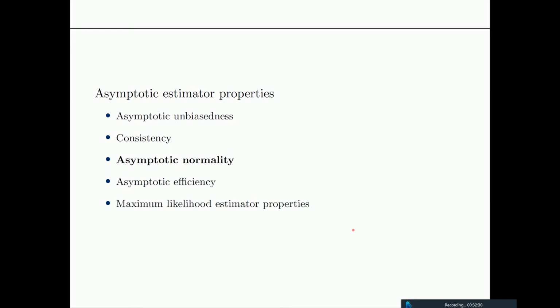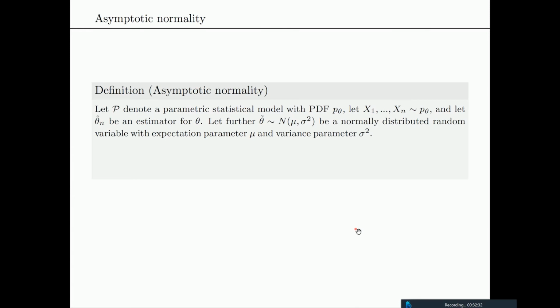Asymptotic normality. Again, parametric statistical model, and now we assume there's another random variable which we call here theta tilde, distributed according to a univariate normal distribution with expectation parameter mu and variance parameter sigma square.